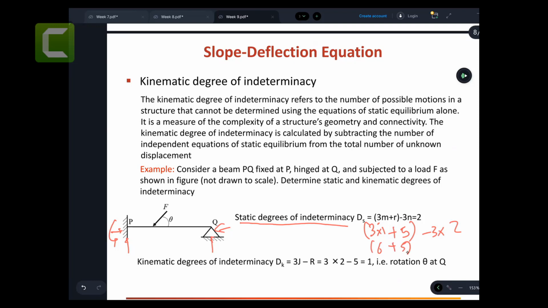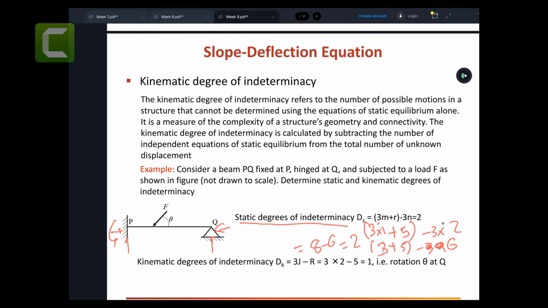So 3 times 1 member is 3, sorry, the 6 was wrong, this is 3. So 3 plus 5 is 8. 8 minus 6 equals 2. So that is the 2 extra forces that we need to find.